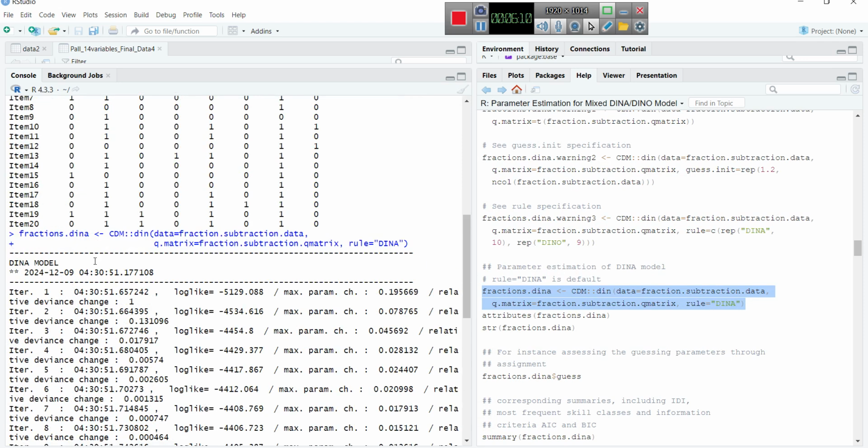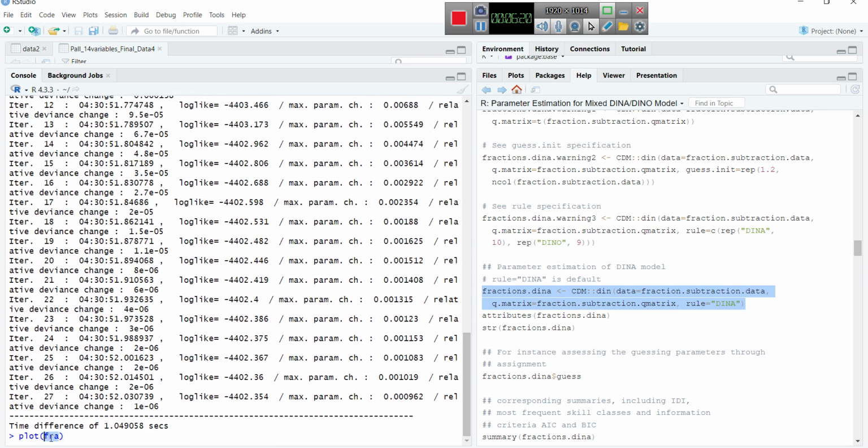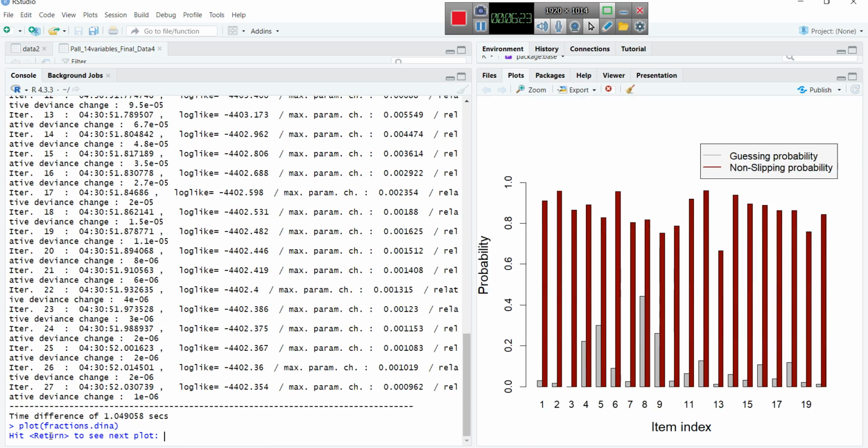If I plot this model that I ran here, I named it the fractions DINA model. If you plot this, you can see some plots.